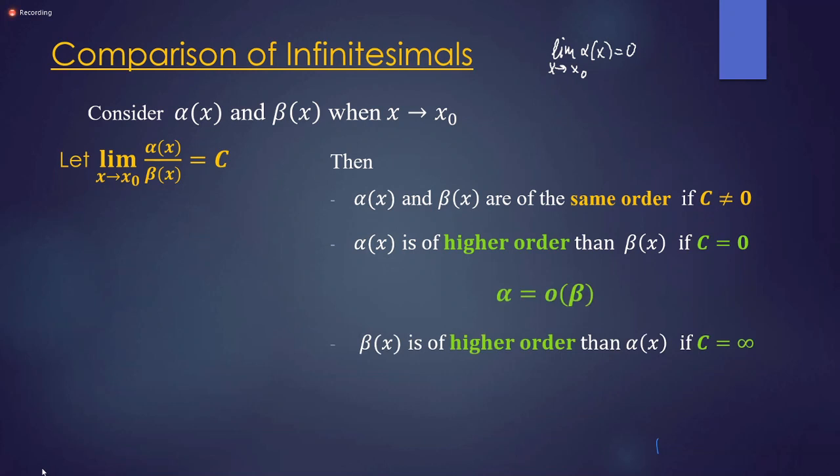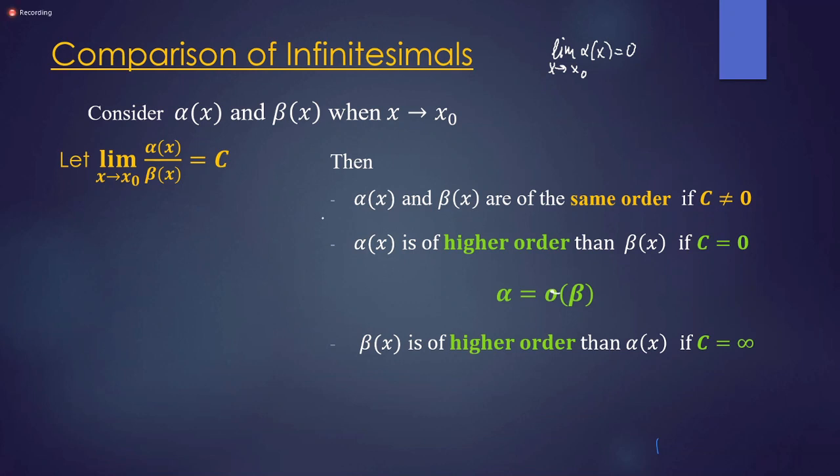If we say alpha is of higher order, it means alpha is a stronger infinitely small thing. It's infinitely many times more infinitely small than the other one. So we denote it as alpha is o of beta, small letter o. We generally use it to write down the idea that alpha is of higher order than beta.